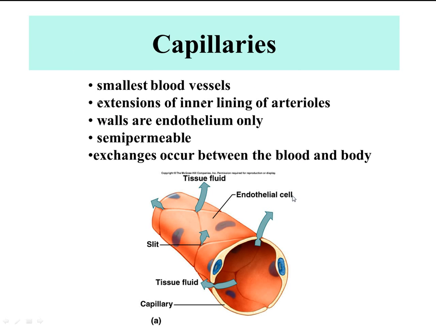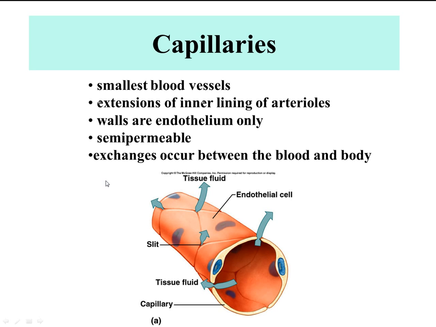Now capillaries. Capillaries are found between the arterioles and the venules. They're the smallest of the blood vessels. They're actually the innermost endothelium of that artery. You would have that in the arteriole, and this is just a continuation of that innermost layer.